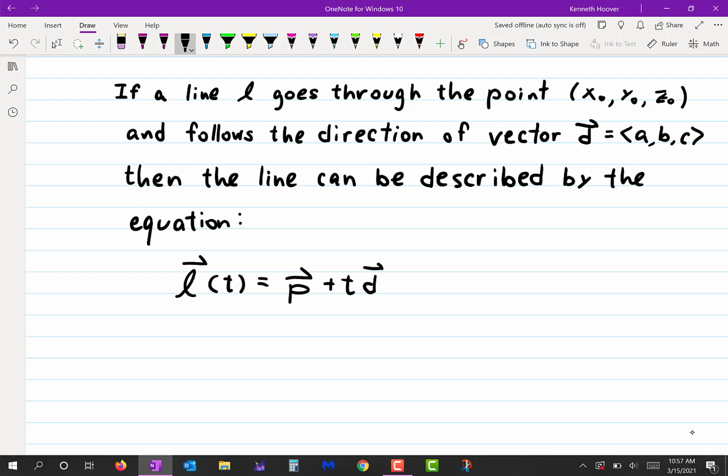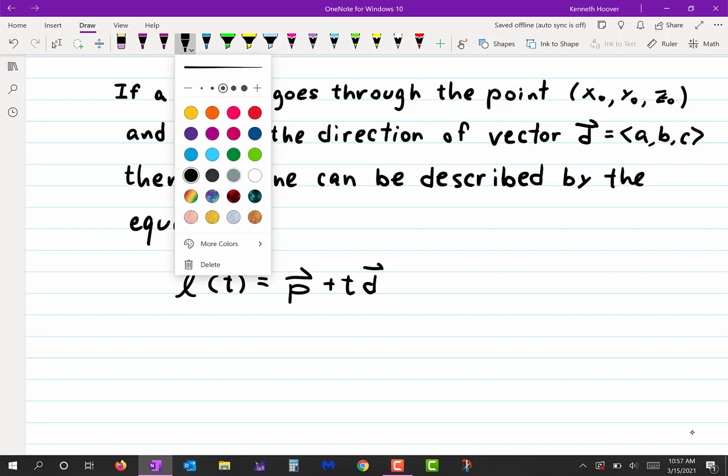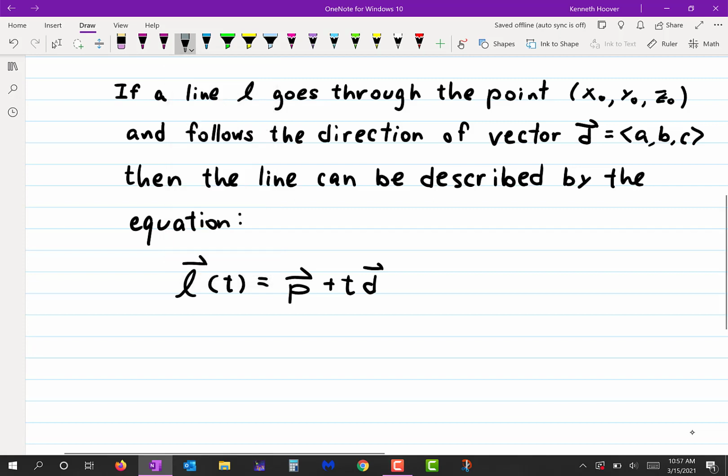Okay? And I'll put here next to that where P equals the vector x naught, y naught, z naught. Okay? And that's called the vector equation for the line.